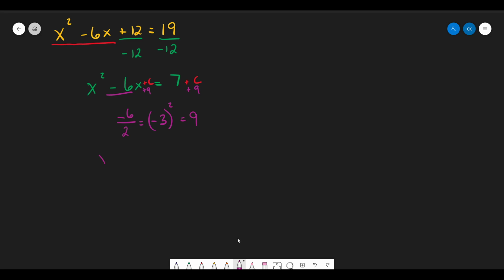And now I end up with x squared minus 6x plus 9 equals 7 plus 9, which gives us 16. So that's the first step in solving by completing the square, is to make it a perfect square. And now we have a perfect square.